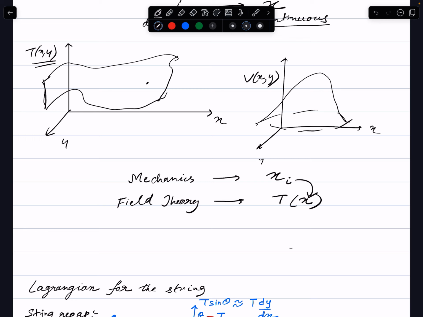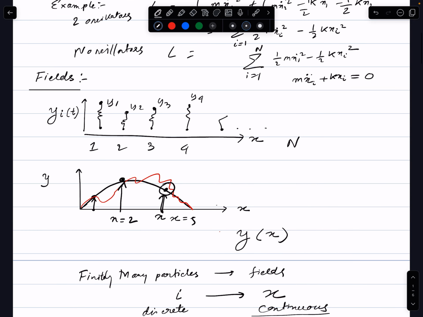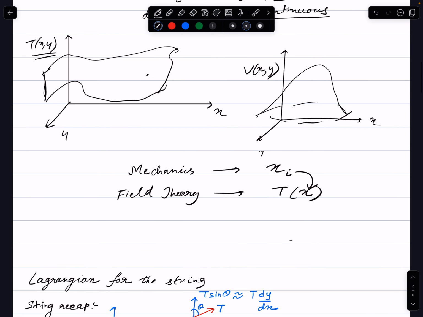I am not observing x. x is not the thing that is changing. x is simply labeling the point at which we are measuring the field, at which the field is changing. It is playing the same role as i. Here i was specifying which harmonic oscillator I am talking about. i equal to 4 is this oscillator. Similarly here x equal to 3 is this point where I am looking at the value of the field, the value of the displacement.